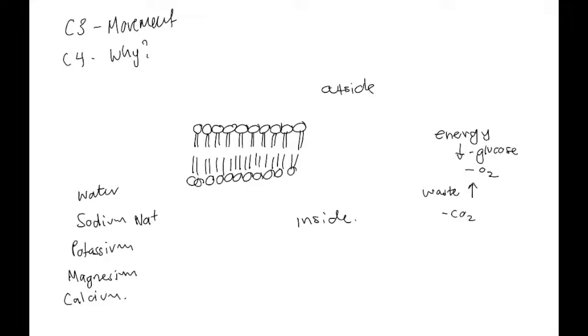So we need those at different concentrations inside compared to outside. These two here are used in nerve signals, and calcium is used in muscle contraction. So we need to make sure they're perfect, otherwise the cell might die. The internal concentration needs to be different than the external concentration, otherwise things go wrong.